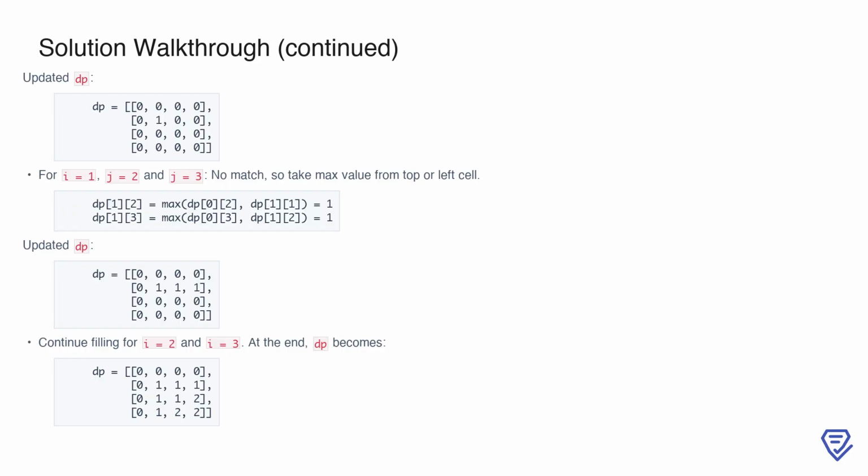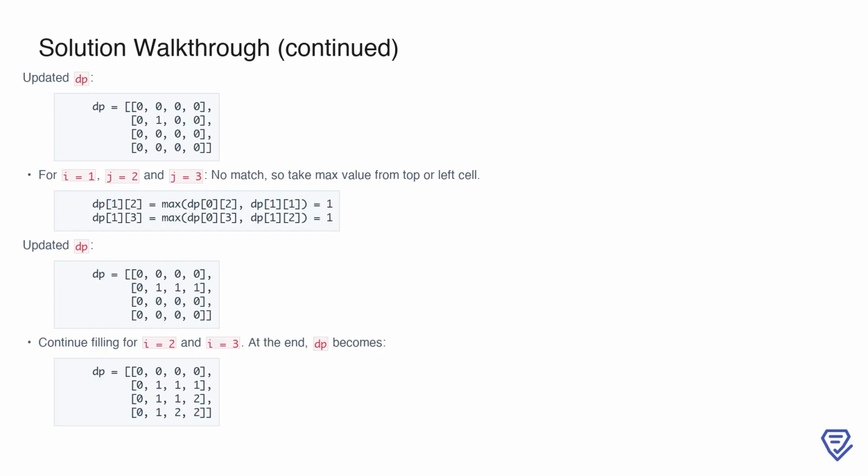For the next comparisons, when i is still 1 but j progresses to 2 and 3, we find that nums1[0] does not match nums2[1] or nums2[2]. In these cases, we use the maximum value from either the top or the left cell. This means dp[1][2] becomes the maximum of dp[0][2] and dp[1][1], resulting in 1, and similarly, dp[1][3] also becomes 1.